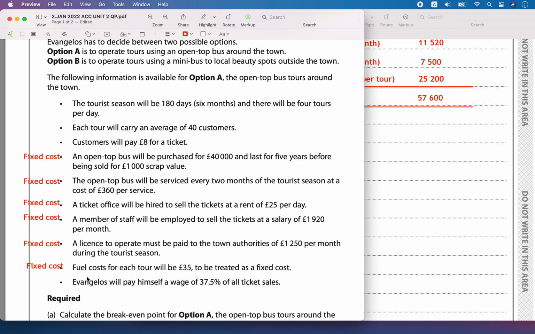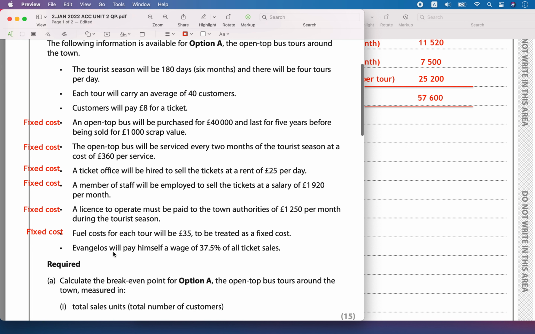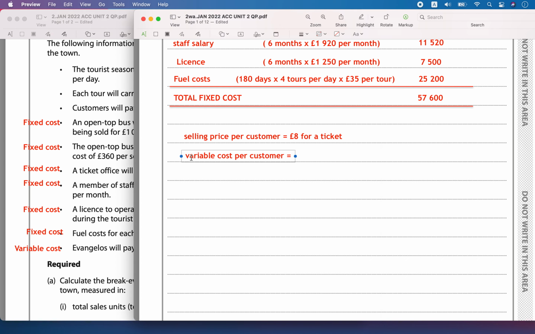Here he is saying that fuel cost is a fixed cost, and then Evangelos pays himself a wage of 37.5% of all the sales tickets. This is a variable cost because it is going to change with the amount of sales. Whatever the sales are, he is going to get 37.5%. So his wage is dependent on the sales, and so this is a variable cost.